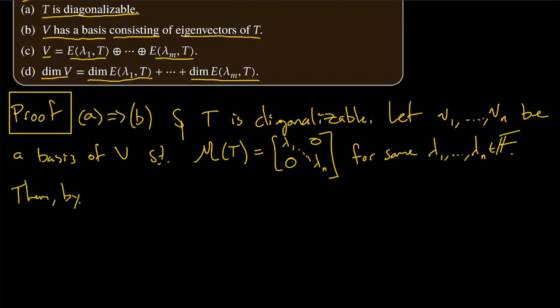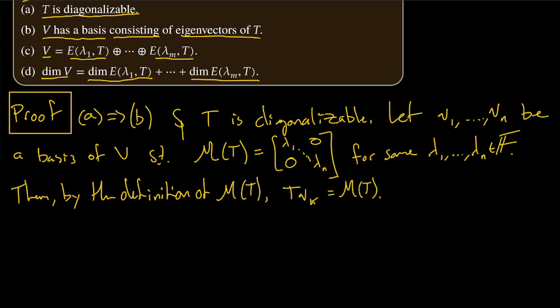Then, by the definition of the matrix of T, T of vk is equal to the matrix of T's kth entry, in fact, of vk, which is just a fancy way of saying lambda k vk here, since we've written the matrix of T in this form. Notice I'm not writing the other terms because all the other terms are 0.